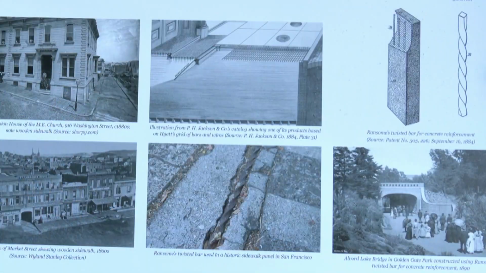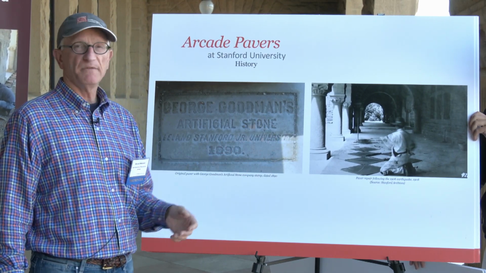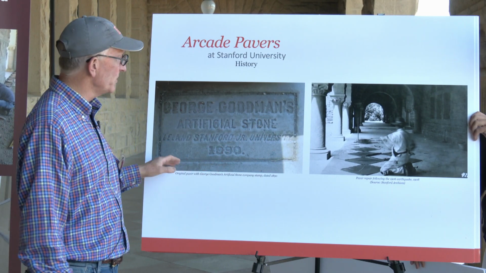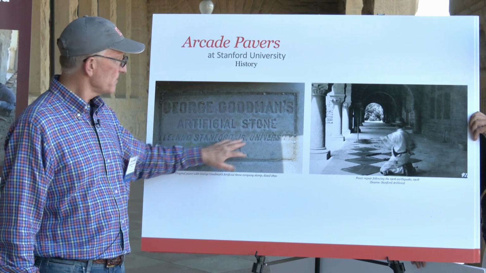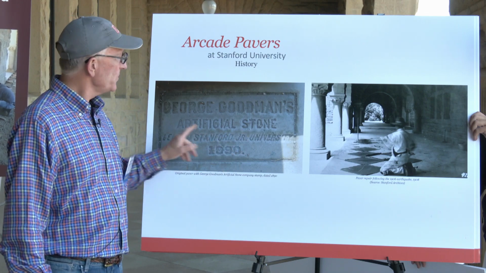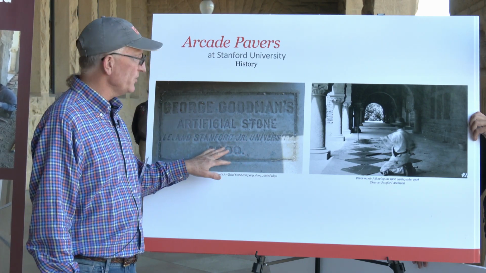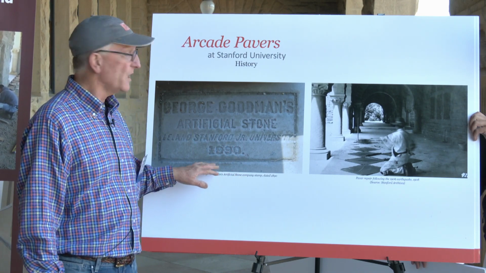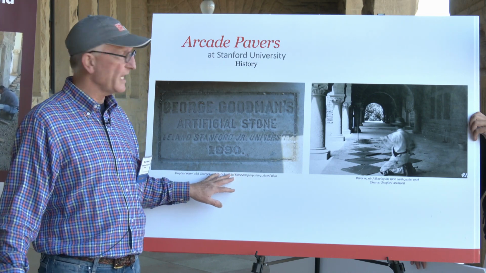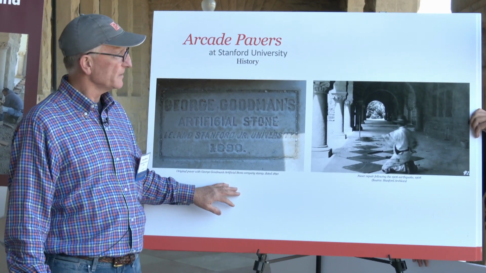So what does that have to do with Stanford? Well, we had this same problem. We had arcades and paved areas surrounding the historic masonry buildings, and we had George Goodman's artificial stone. Note that what he's doing is imitating stone. And just as we saw those photographs in Venice of the marble checkerboard arcades, here we're trying to imitate that with concrete.